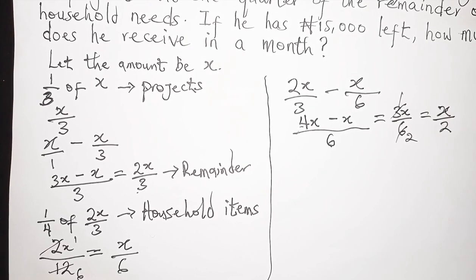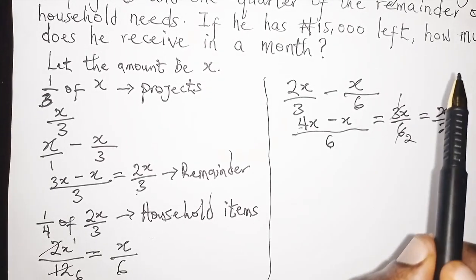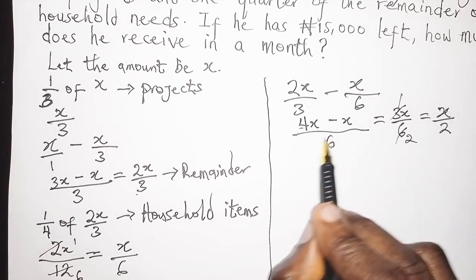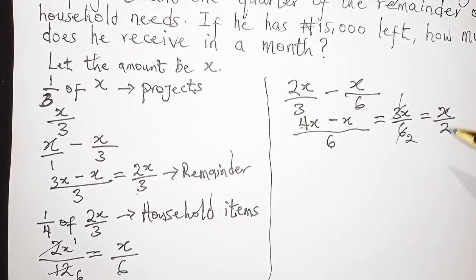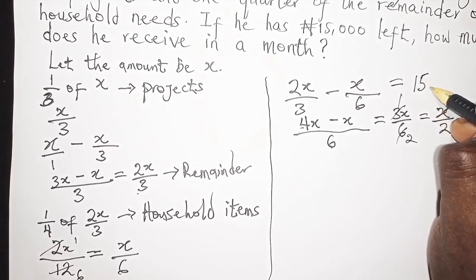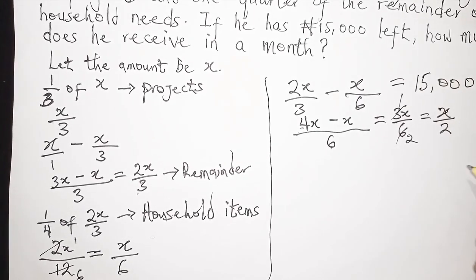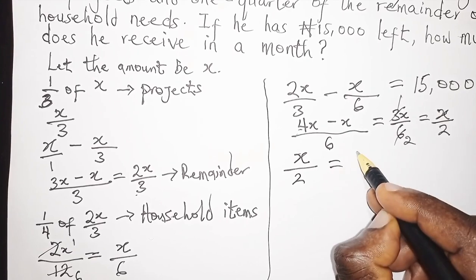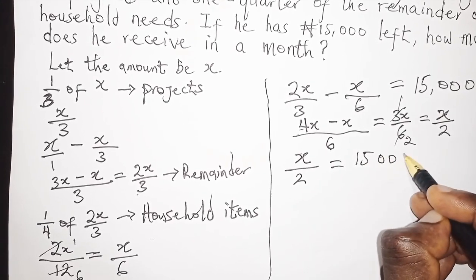Now, the question says he has 15,000 naira left. So that simply means that when we do all of these subtractions, it is equal to 15,000 naira. Therefore, X over 2 equals 15,000 naira.